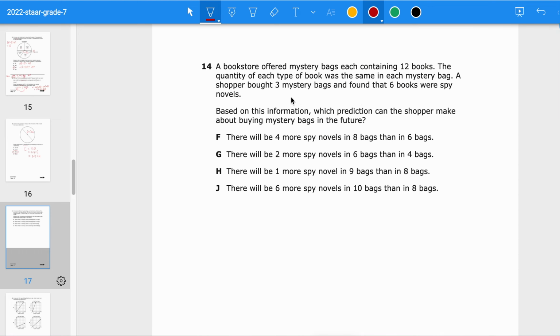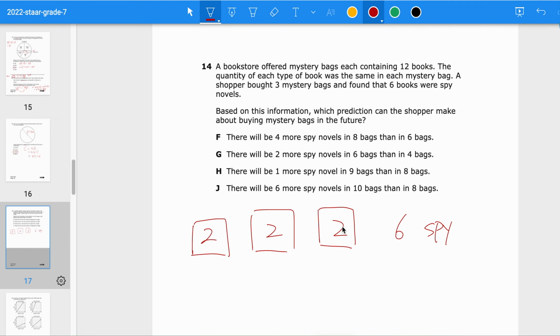So it means this shopper bought 3 bags, and that has 6 spy novels in total. So think about that. We have 3 bags, and the 3 bags are exactly the same. In total, you got 6 spy novels, which means in each bag, we're going to have 2 spy novels, right?